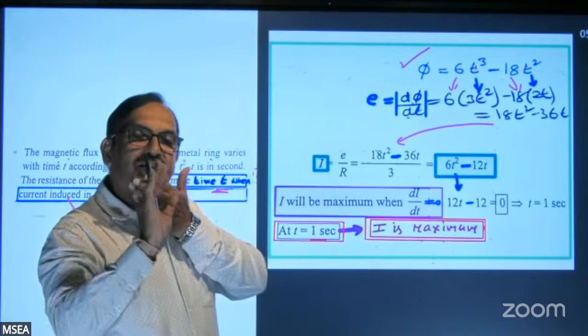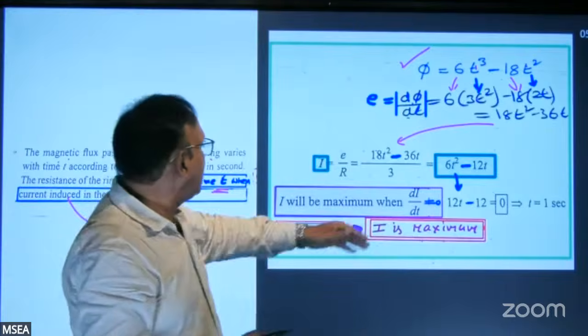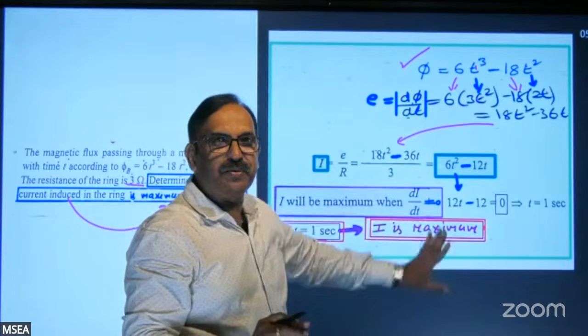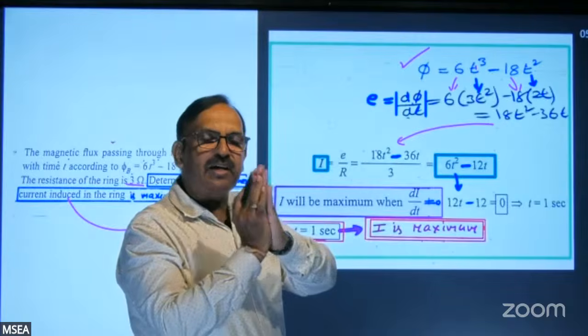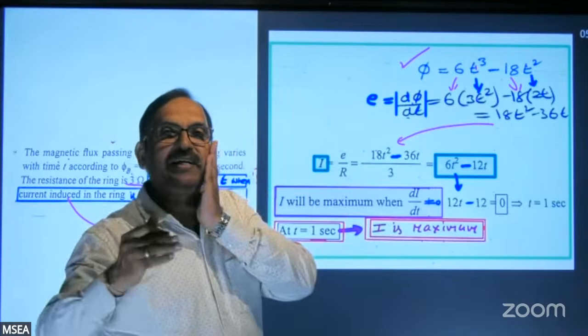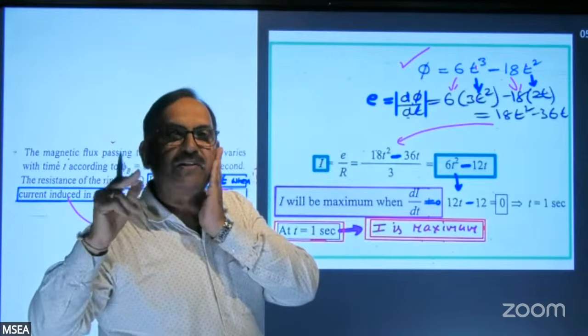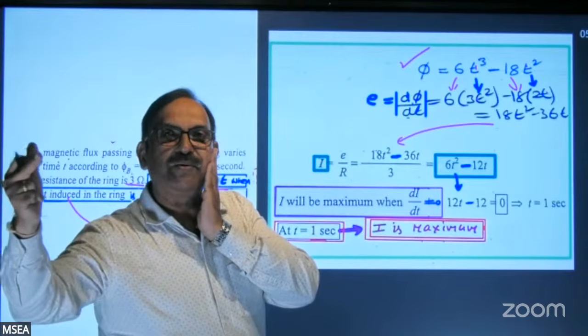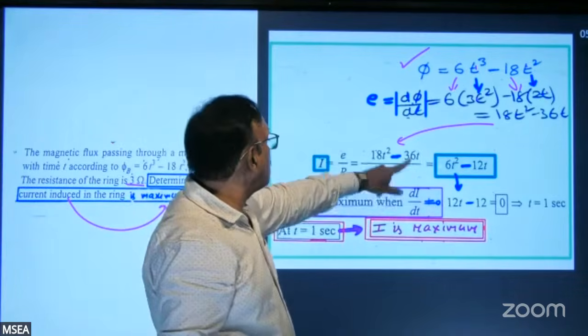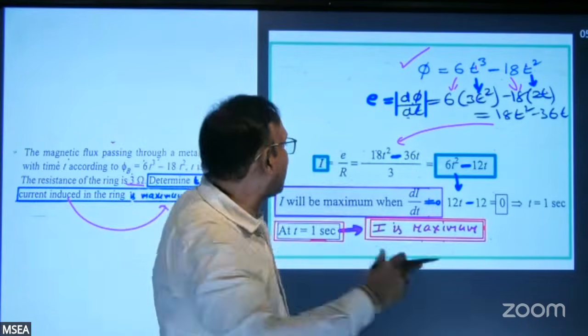When current is maximum, its differentiation value, di by dt, should be equated to 0. When force is maximum, df by dt is 0. Momentum maximum, dp by dt is 0. Current maximum, di by dt is 0.